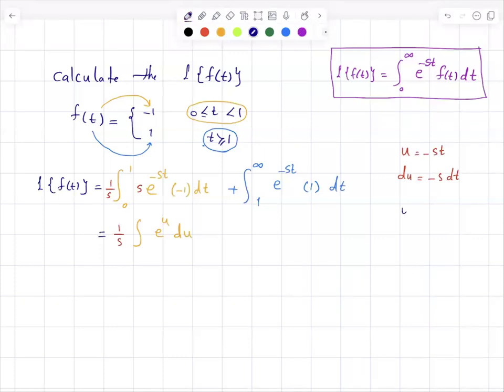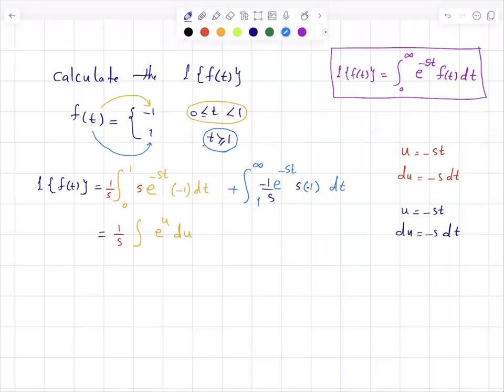Here, let u be negative st and du is negative s dt. So you're just going to multiply this by a -1 and -1 over s, and you can just multiply s here.